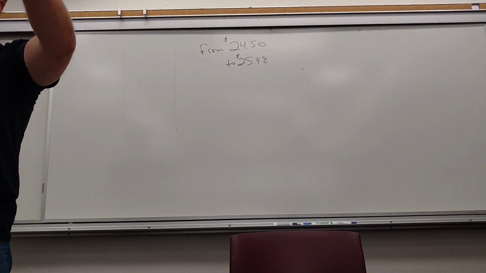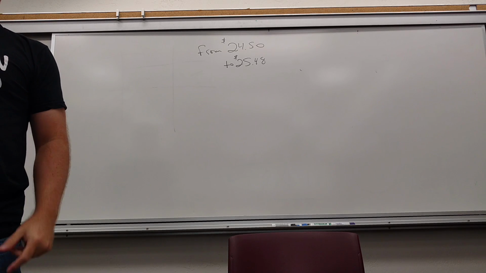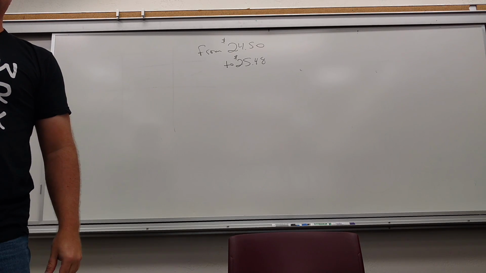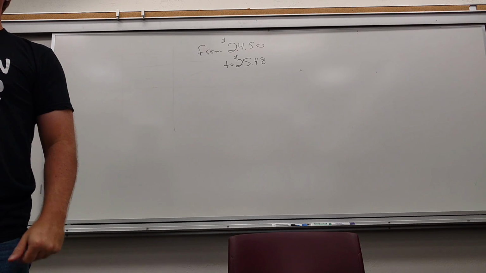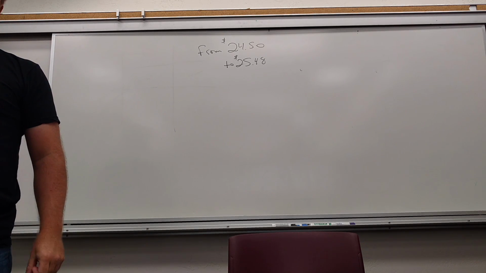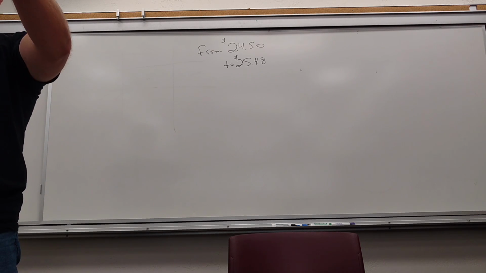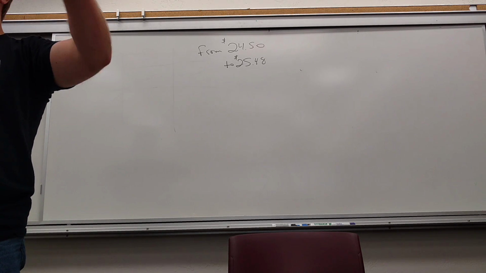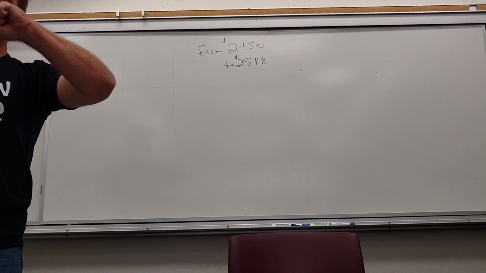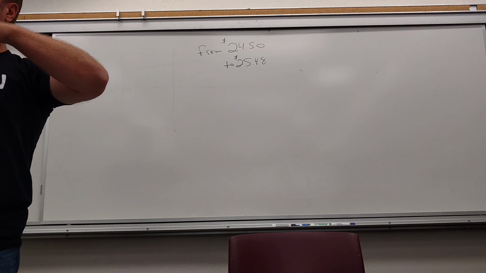If I want to know the percent of men in this room, how would I do that? Count the men, divided by the number of people. So that's the basic idea of percent, right? The part, that's men, divided by the whole, that's people. So to find the percent men, I take the number of men divided by the total.